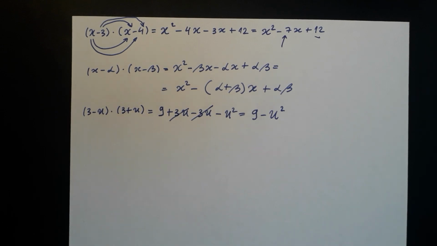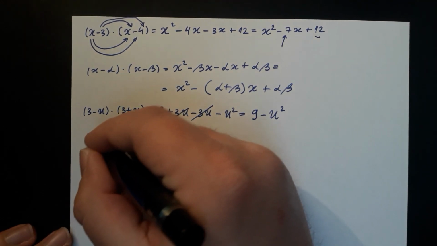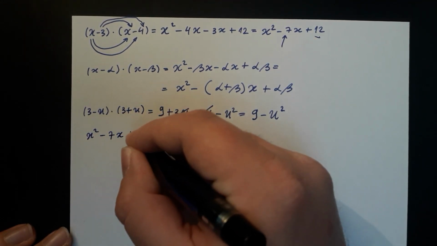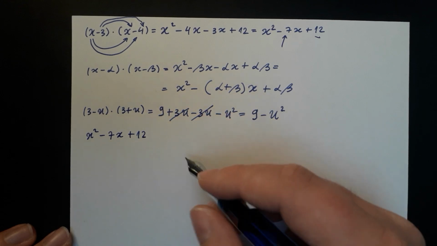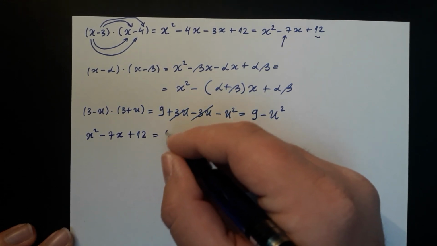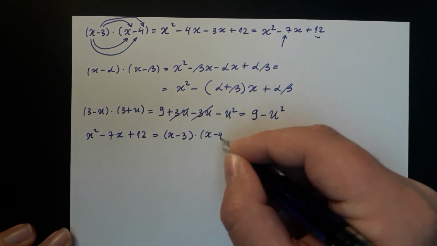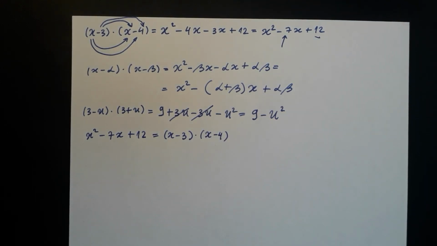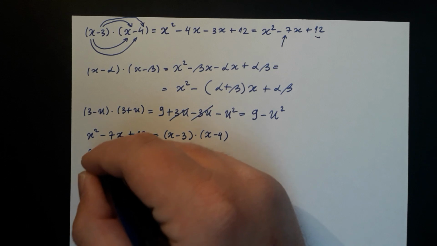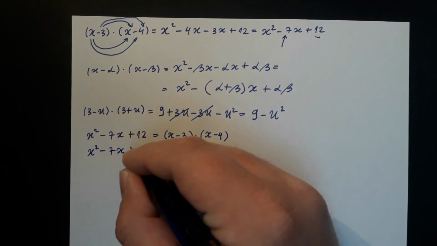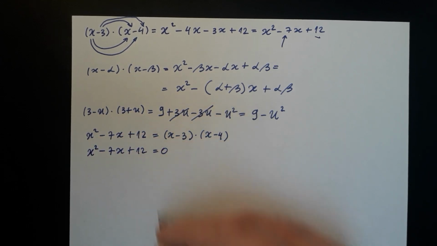So now I know that I can write x squared minus 7x plus 12 in a different form. This is x minus 3 multiplied by x minus 4. When we talk about a quadratic equation, often the standard form is something like this: the term on the left side is equal to 0. So x squared minus 7x plus 12 is equal to 0.